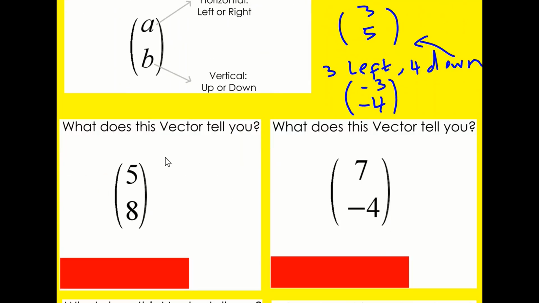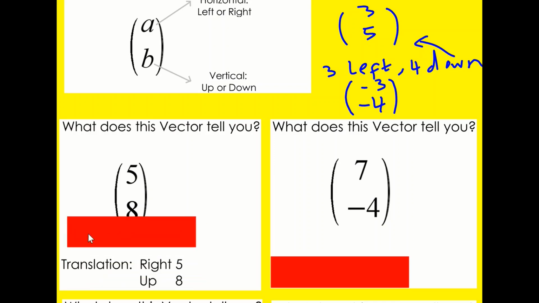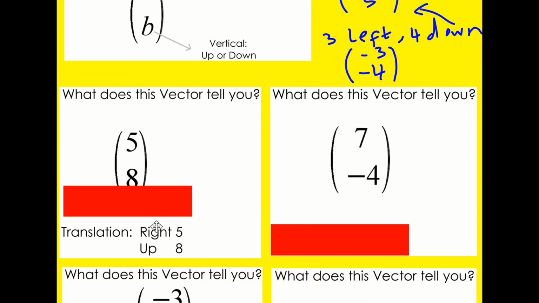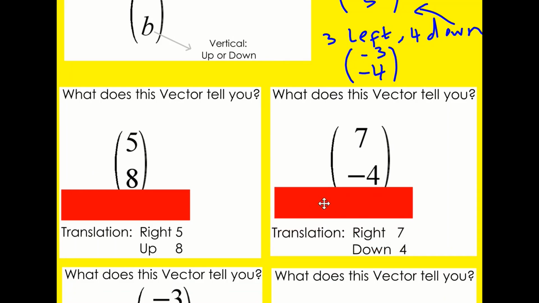Okay, I'm going to test you on this. How about this one? Actually, I want answers to both, but start out with this one on the left. What does this vector tell you? What's going to happen? The answer is a translation. We're going to be saying translation. Right 5, up 8. How about this next one? This one is right 7 and then down 4.